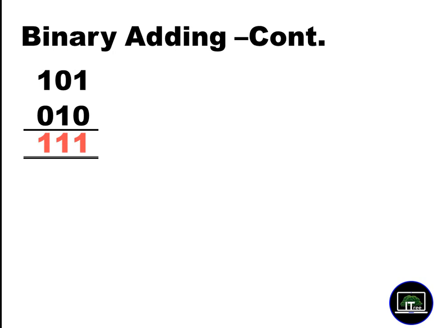If you can't add using binary directly, what you do is you convert them into decimal. 101 is 5, 010 is 2. Then we add these things in decimal. Then we convert them back to the binary. This will be a little bit lengthy and take a little bit of time, but this guarantees your answer. If you can't do the binary addition, don't worry, you do normal decimal addition.